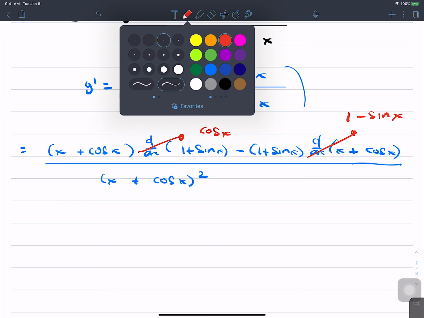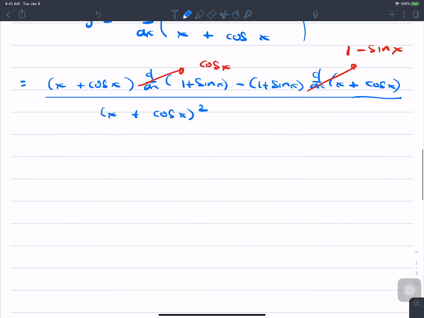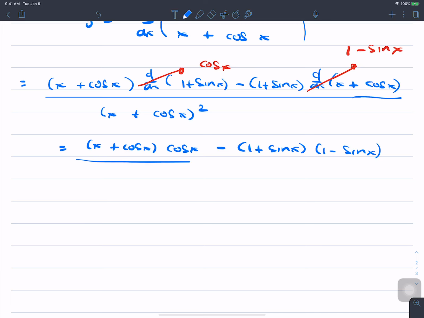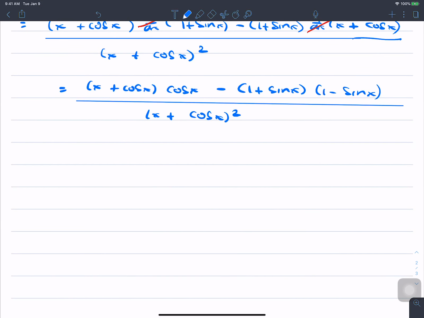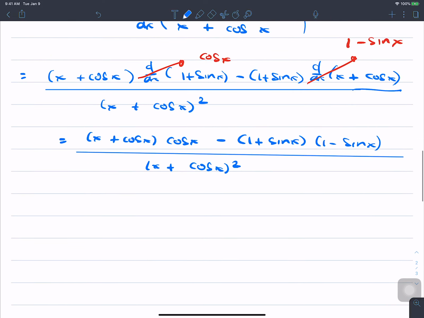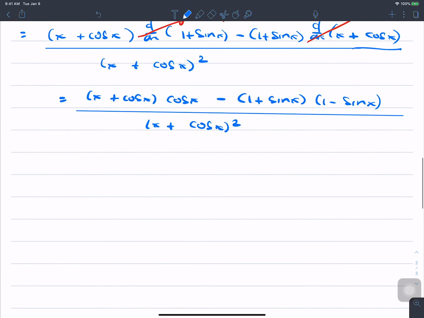So take a look at this, and you'll get x plus cosine x times cosine minus 1 plus sine x times 1 minus sine x. So everything here is over x plus cosine x squared. So at this point, what you do is use algebra in the numerator there and see what you can actually simplify.